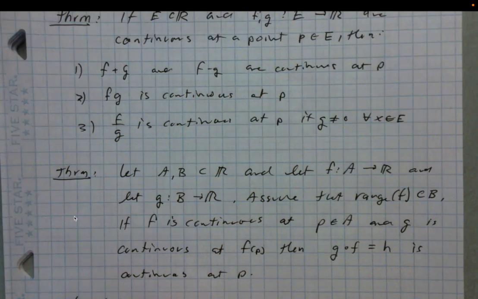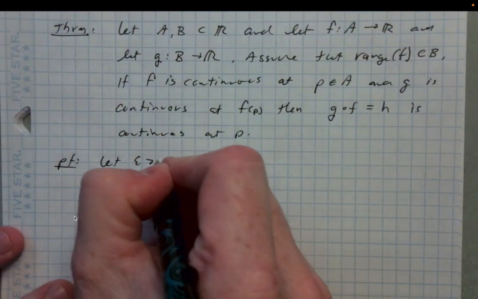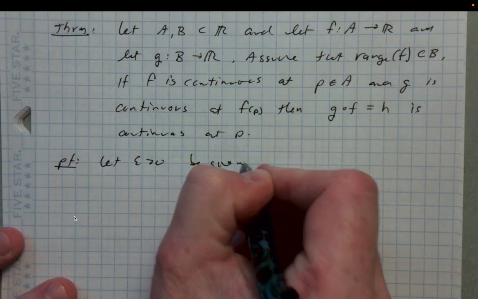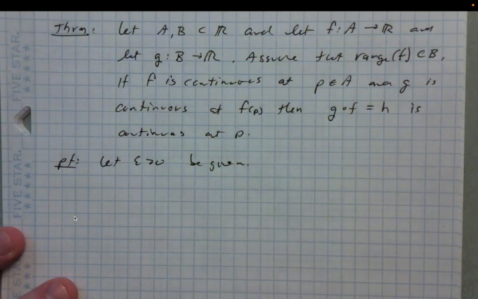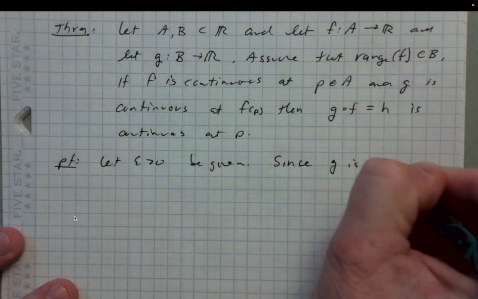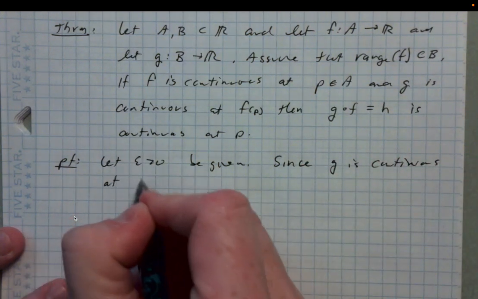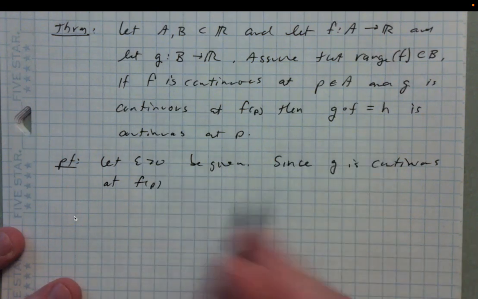So let's let epsilon greater than 0 be given. Okay, and what can we do? Well, since g is continuous, and we say continuous at f of p, by assumption, right? G is continuous at f of p.